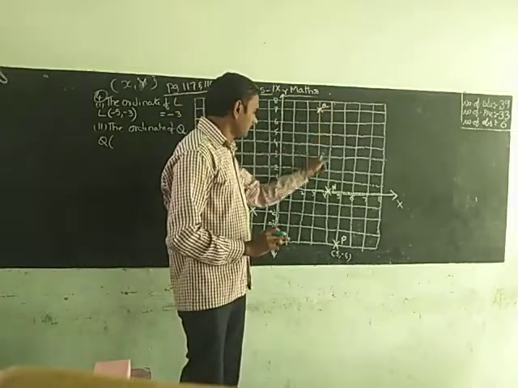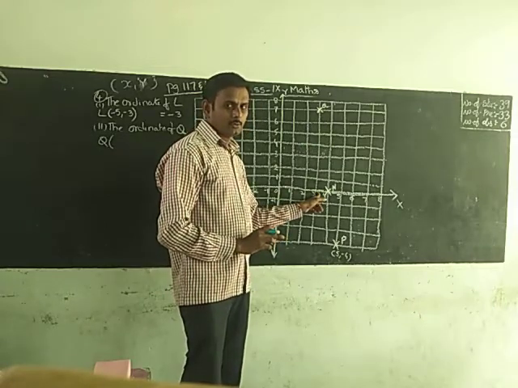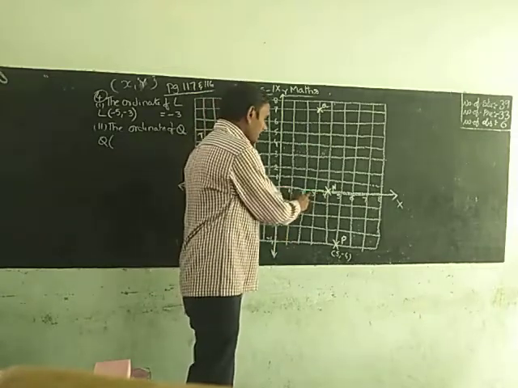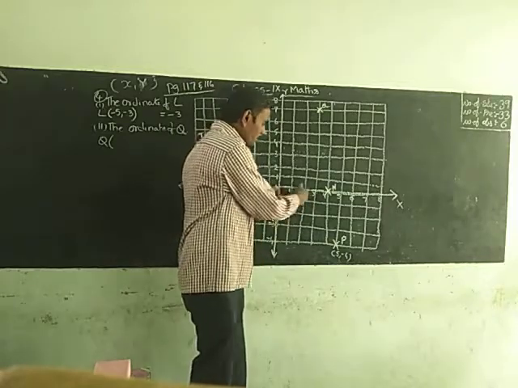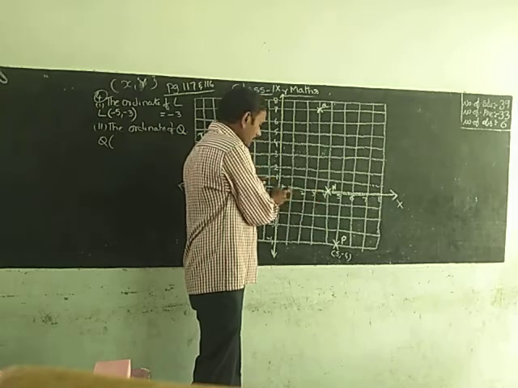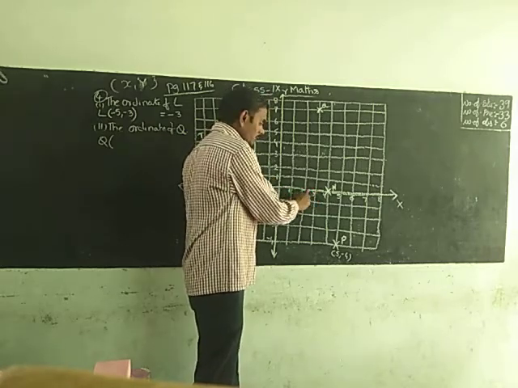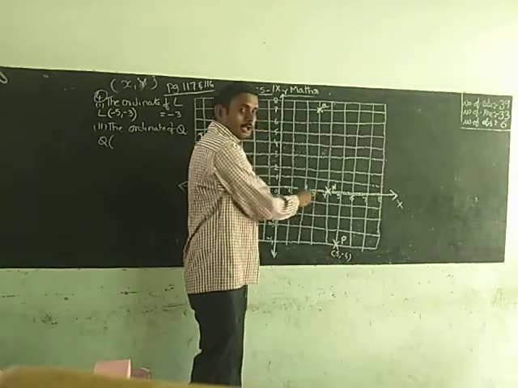On the x-axis it is located at 3 units. From 0, this is 1 unit, 1 unit, 1 unit, that means 1 unit, 2 units, 3 units.